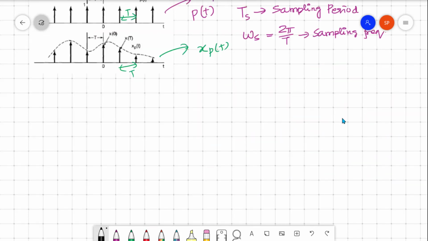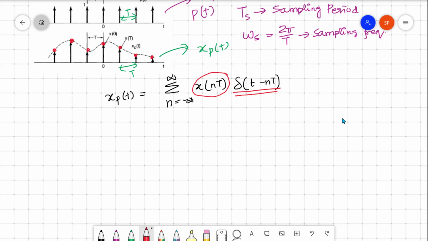Now we can mathematically represent the sampled signal xp of t is equal to summation n is equal to minus infinity to plus infinity x of nT into delta of t minus nT. Ultimately we will get samples of the original signal.